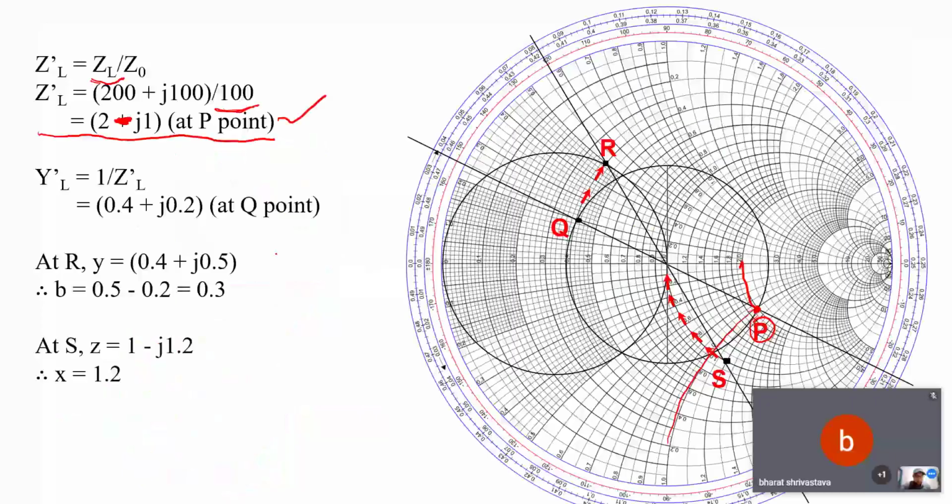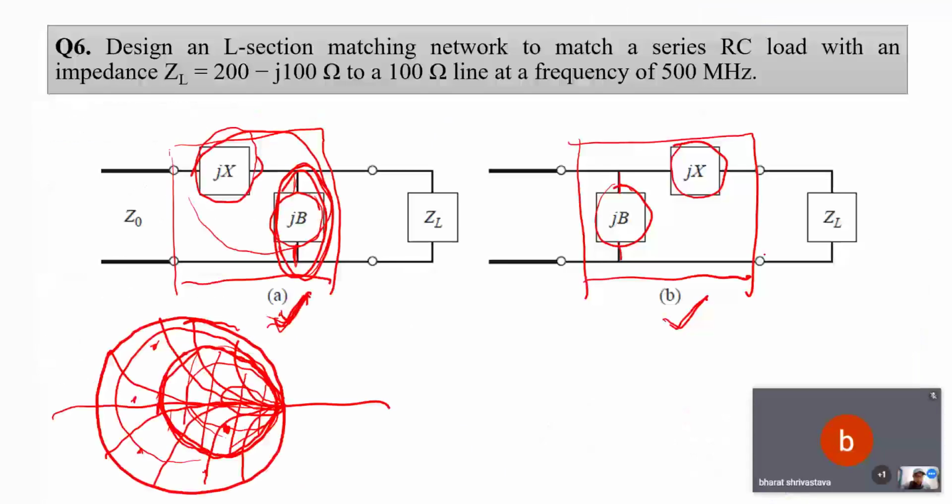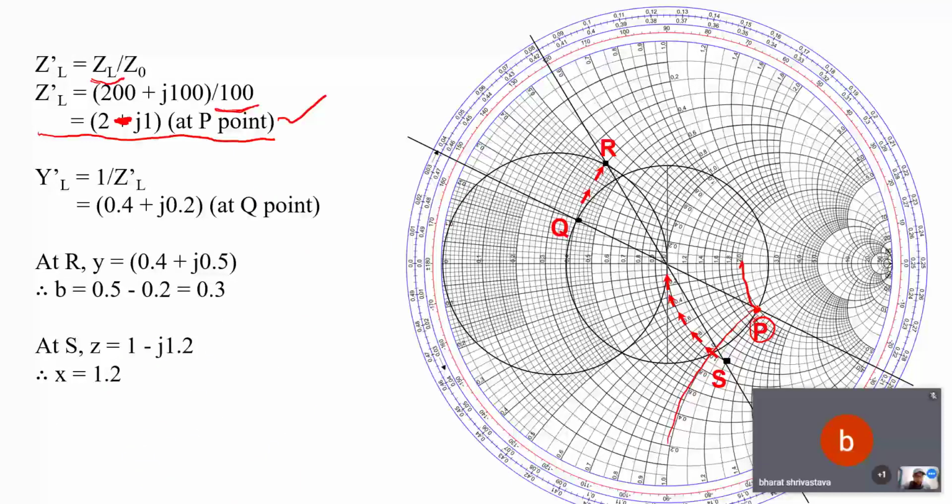So what I will do is first convert this load impedance into load admittance, because adding this jB term to the load admittance is very easy as compared to adding it to ZL. That's why I convert ZL into admittance here. So here is the load point.